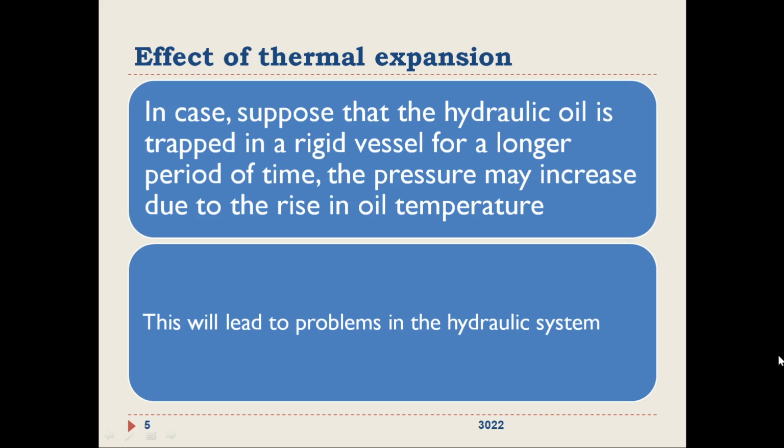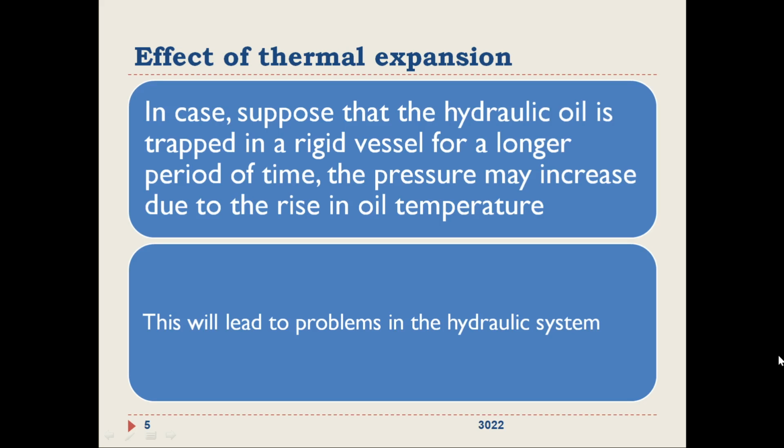So what are the effects? Suppose the hydraulic oil is trapped in a rigid vessel for a longer period of time, when the system is not in use. Since it is a rigid vessel, the pressure may increase due to the rise in oil temperature.